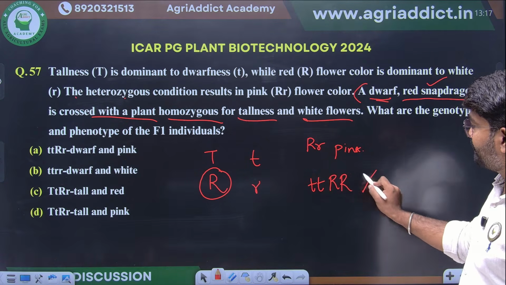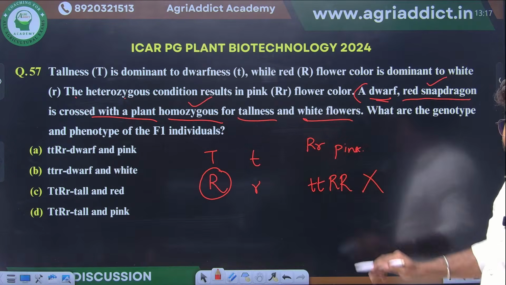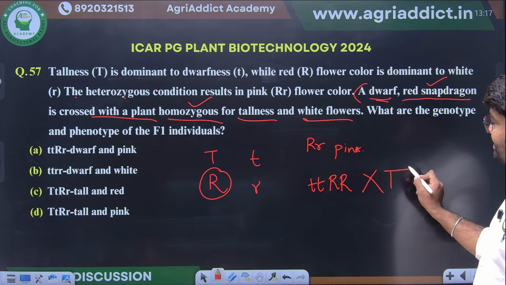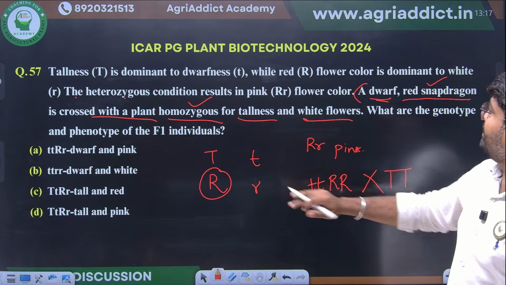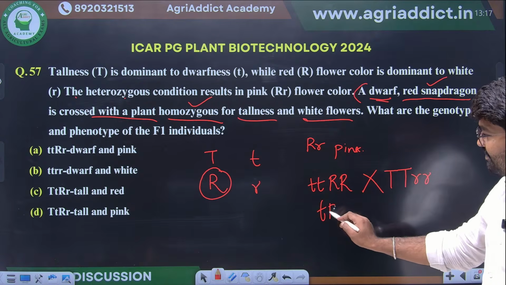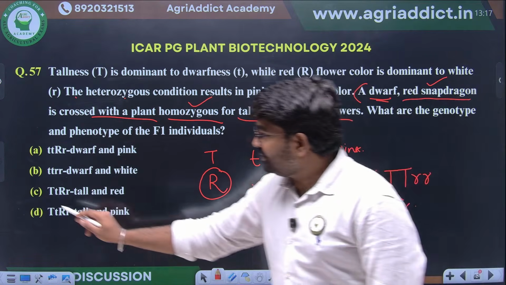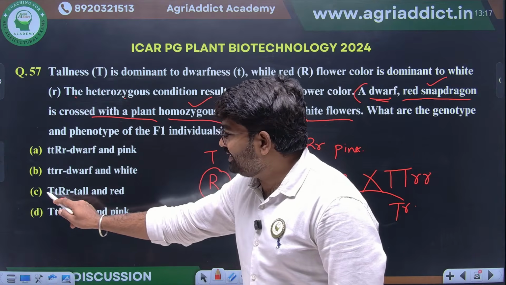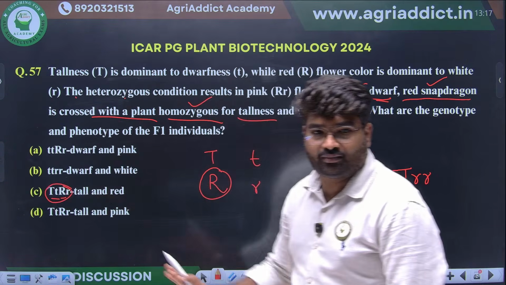Homozygous tallness and white flower, white flower means rr. So ultimately gametes Tr and tR will form. This is clear now.